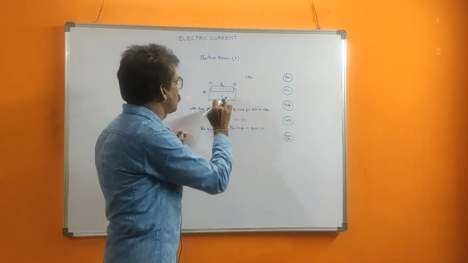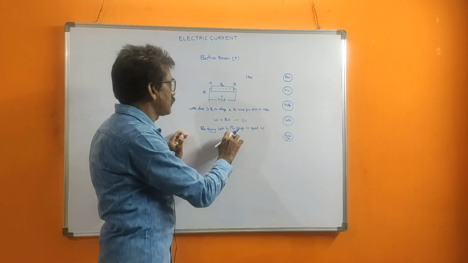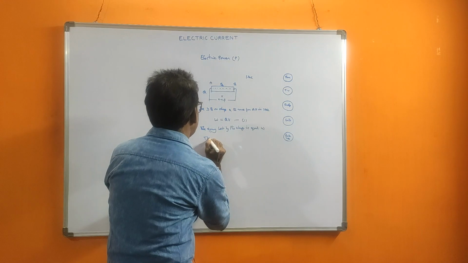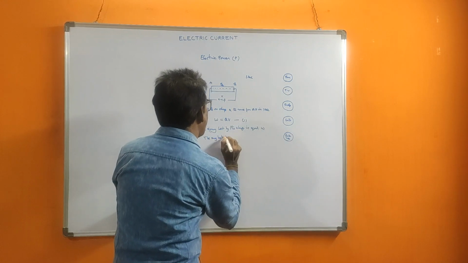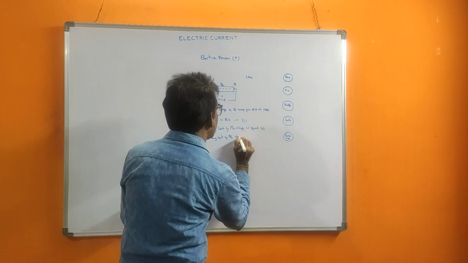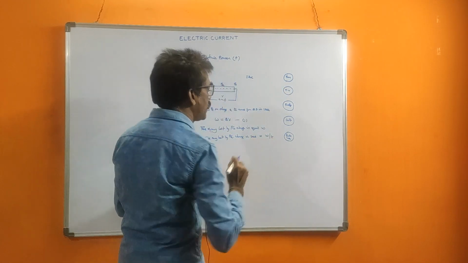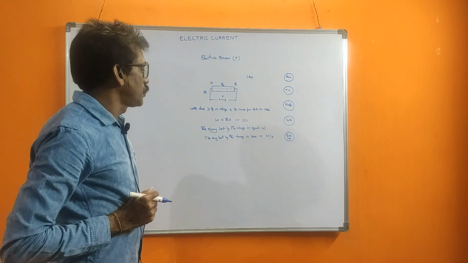This lost energy is equal to the work done. So the energy lost by the charge in 1 second is equal to W by T.